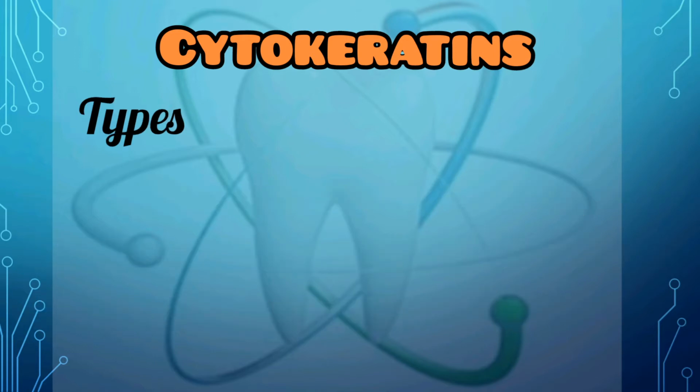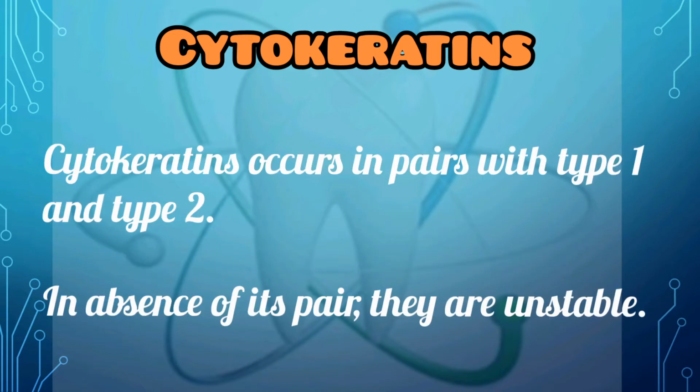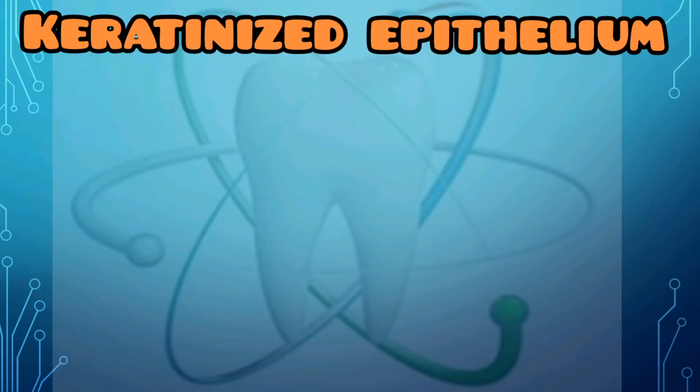These cytokeratins are of two types: type 1, which is the basic cytokeratins, and type 2, which is acidic cytokeratins. Cytokeratin always occurs in combination of type 1 with type 2, and in the absence of its pair, they are unstable.